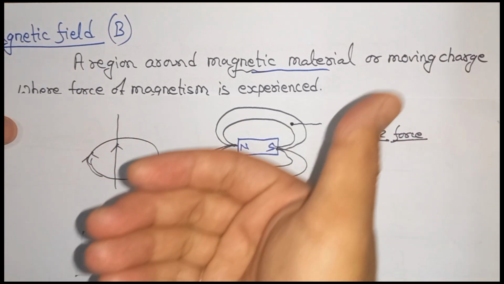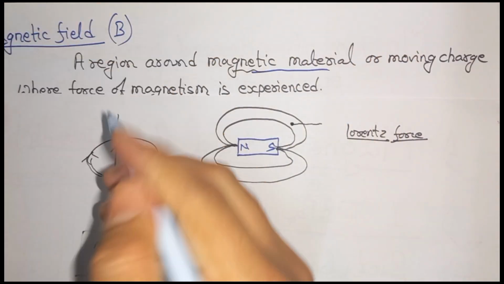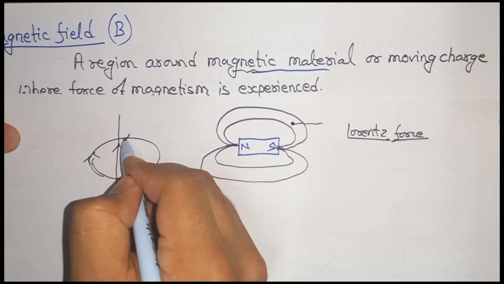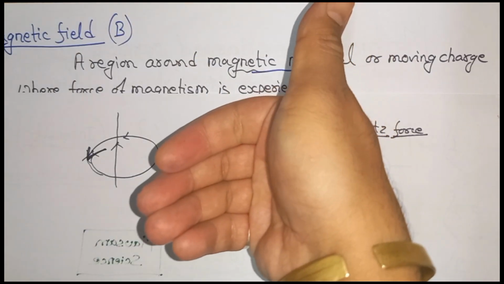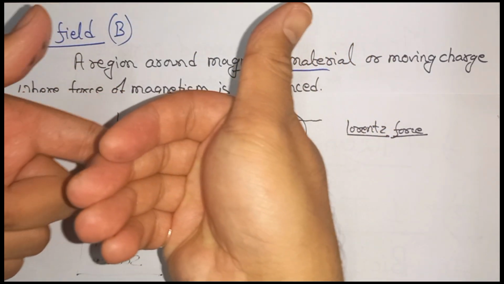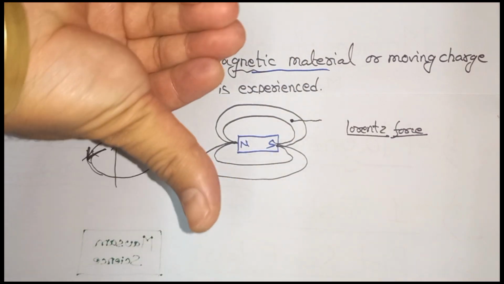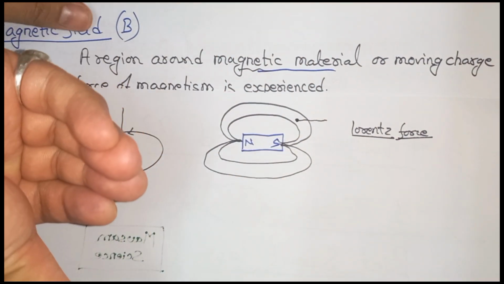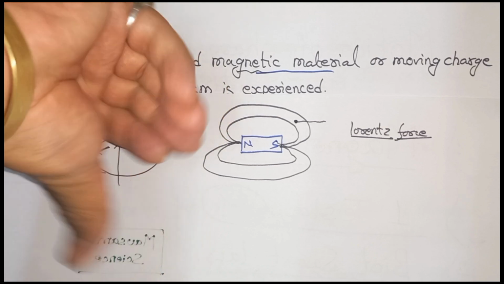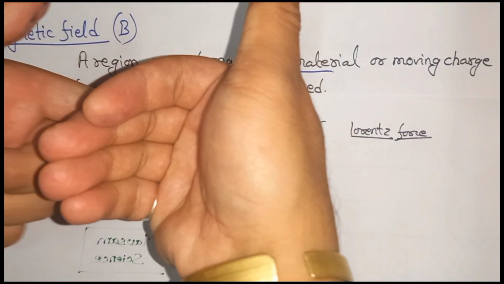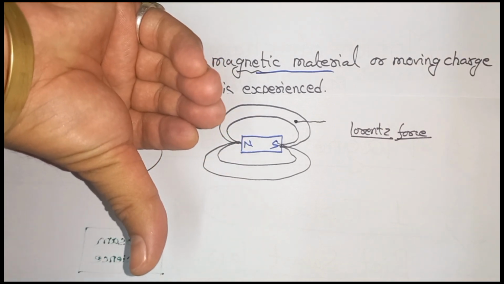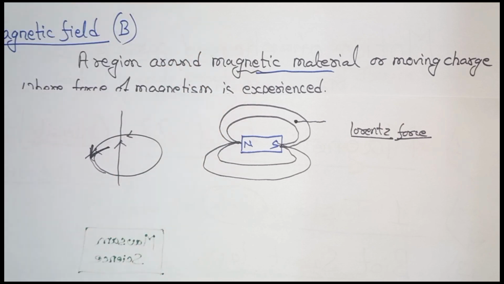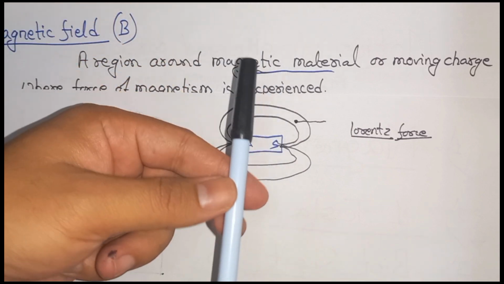If the current in this wire is going down, then I need to change it like here. Current in the opposite direction gives the magnetic field in the opposite direction. Let me explain with this one.